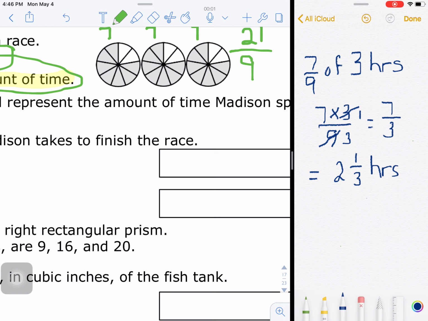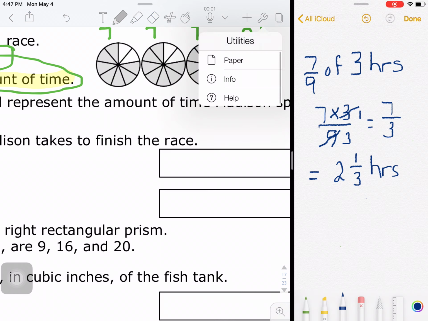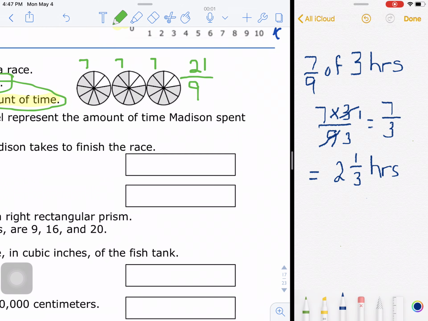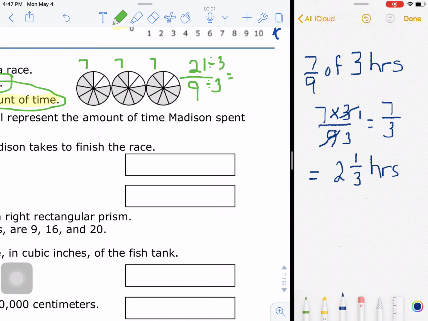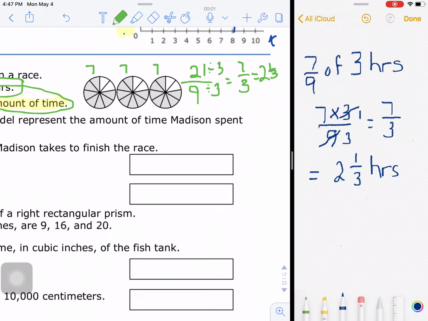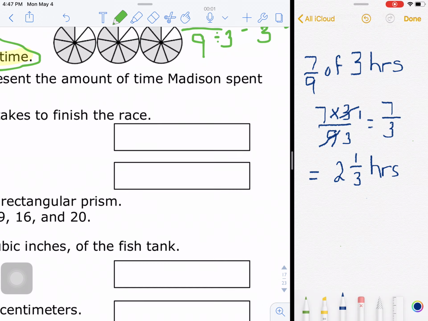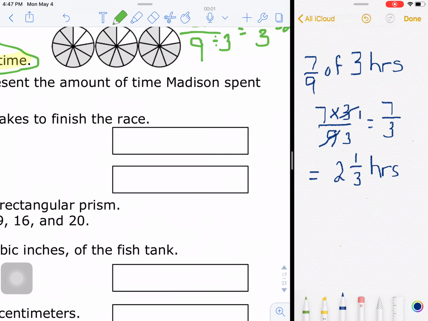If I simplify that, 3 goes into 21 and 9, and I would get 7/3, which is the same as 2 1/3, which is what we figured out when we set up our multiplication problem. So Madison ran the race in 2 1/3 hours.